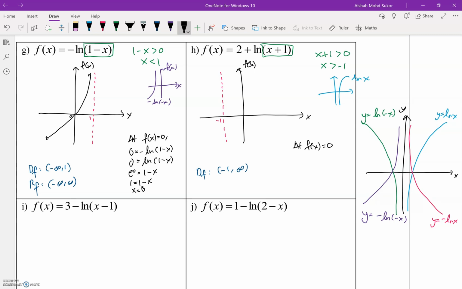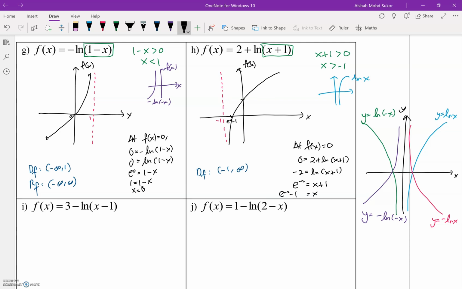At f(x) equal to 0, 2 plus ln(x plus 1), negative 2 is equal to ln(x plus 1). So e^(negative 2) equals x plus 1, x will be equal to e^(negative 2) minus 1. So this will be e^(negative 2) minus 1, so our graph will be like this.